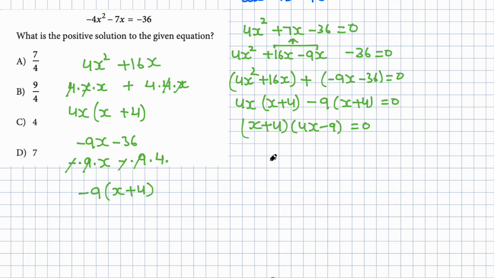So what is the 0 property? If the product of two factors or numbers is 0, that means any of them can be 0. It can be x plus 4 is equal to 0, or 4x minus 9 is equal to 0. So subtracting 4 on both sides, here x is equal to negative 4, and adding 9 on both sides, it will become 4x is equal to 9.